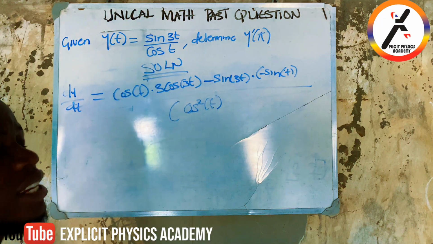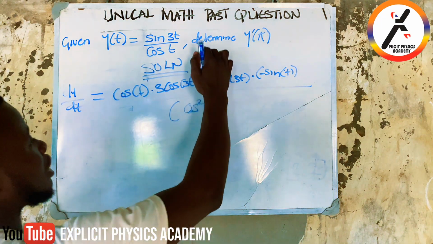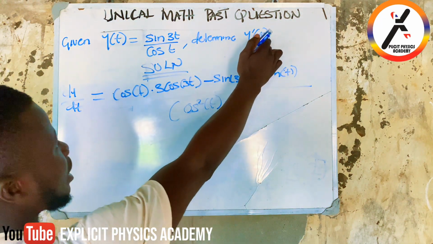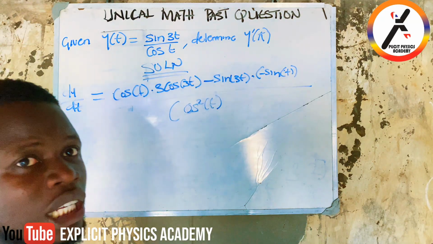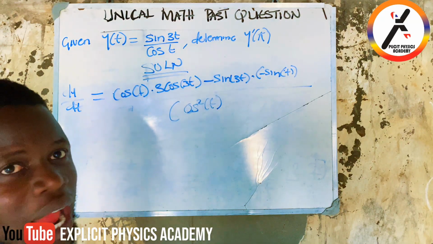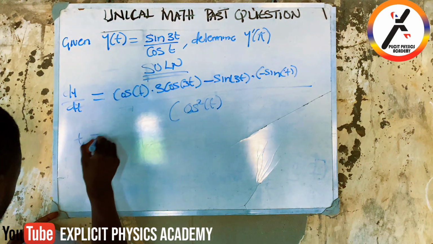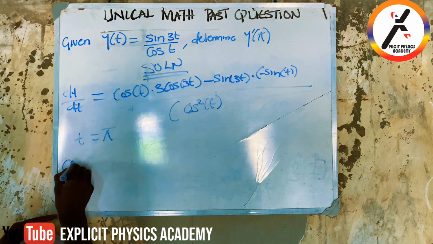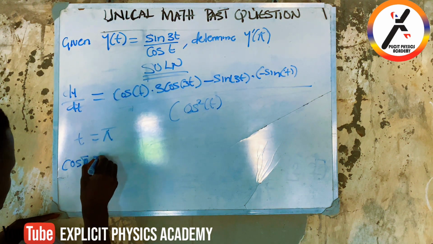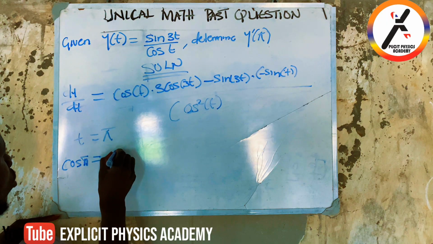After this, remember they say we should determine the derivative at pi. So from here, we need the value of pi.